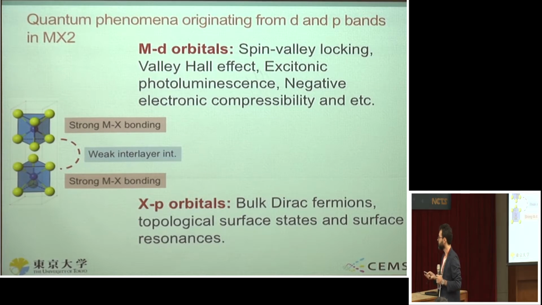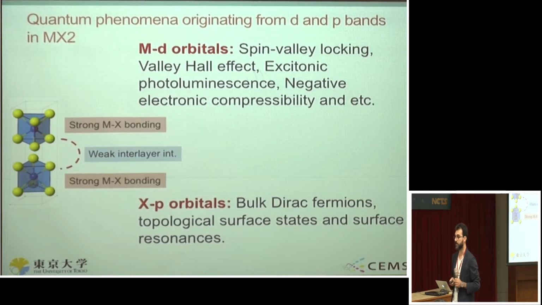So, in a very rough picture, we can think about two physics. One physics comes from our transition metal d orbitals, or it comes from p orbitals of chalcogen. Most of our studies so far have been dedicated to the d orbitals.